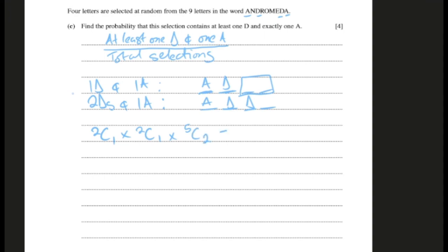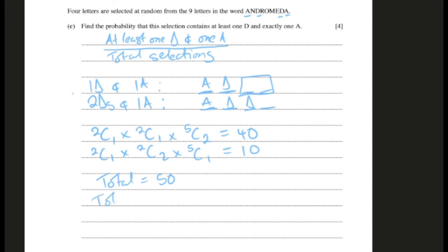And then the second scenario, to pick one A, that's 2 choose 1. To pick 2 D's, that's 2 choose 2. And we have 1 remaining slot for 5 letters, so 5 choose 1, which is 2 times 1 times 5, which is 10. If we add up the 2 scenarios, we get 50. So the total selections, when there are no restrictions, we have 9 letters for 4 slots.